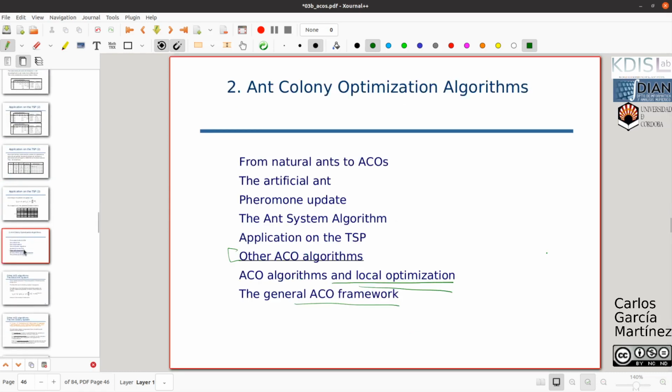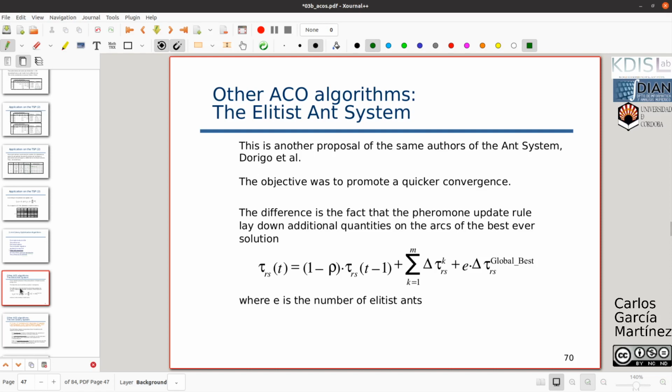That was the basic ant colony optimization algorithm, but researchers have proposed other variants of ant colony optimization algorithms. For instance, a very simple idea is the elitist ant system.